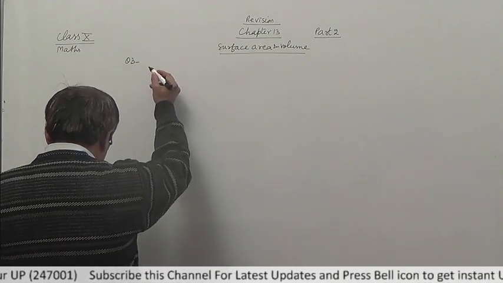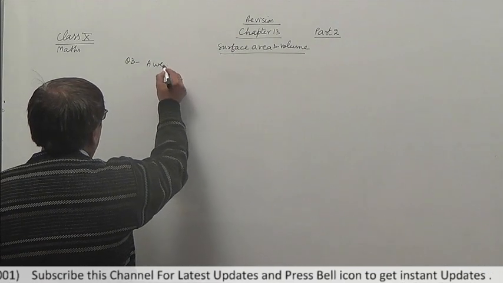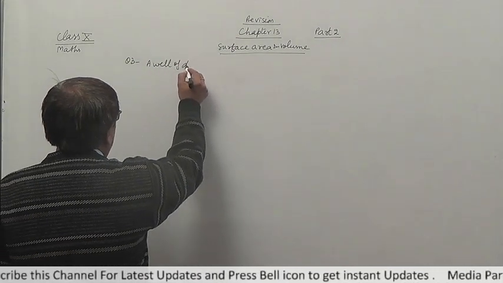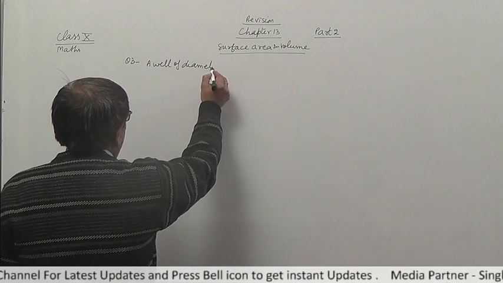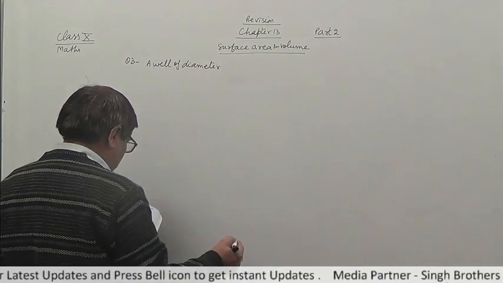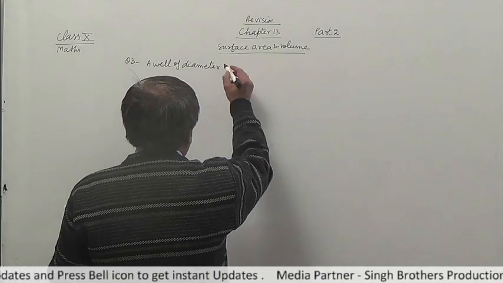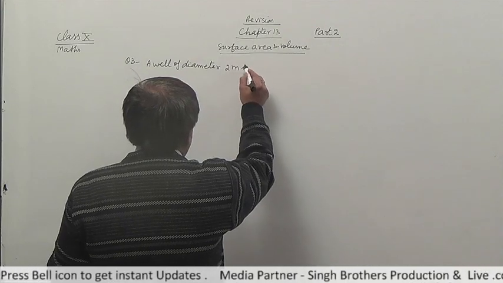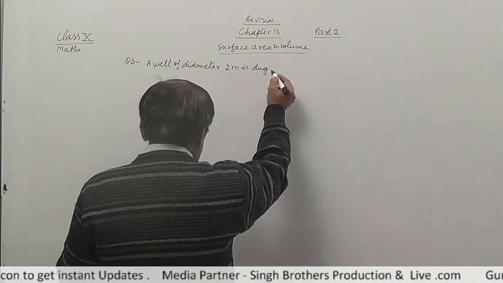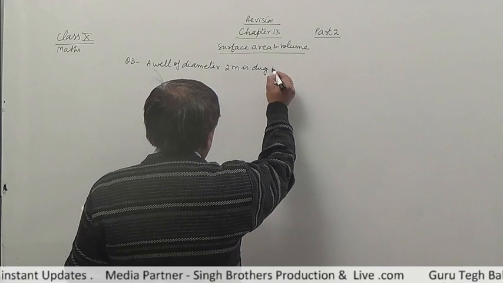A well of diameter 2 meter is dug 14 meter deep.